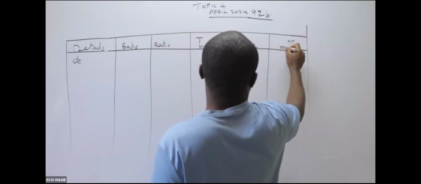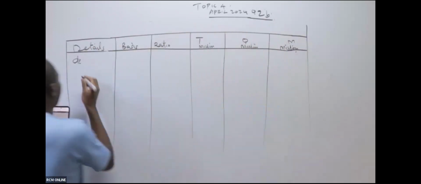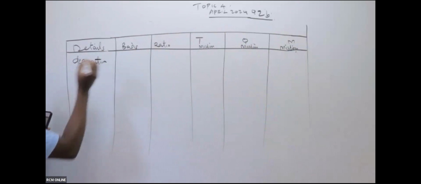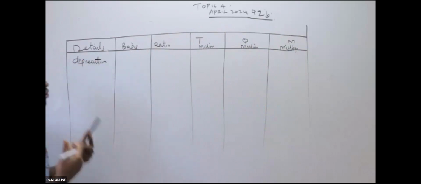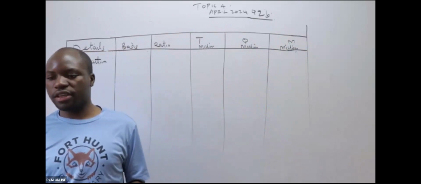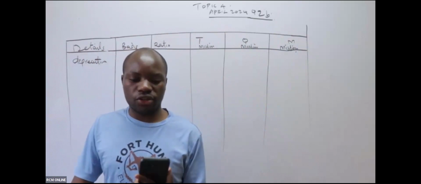Let's maintain that. So we have the first overhead item, depreciation. If you look at the raw data that has been given to us, what is the allocation basis of depreciation expense in the question?